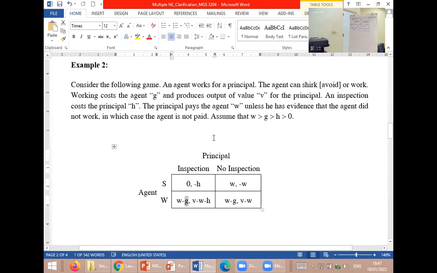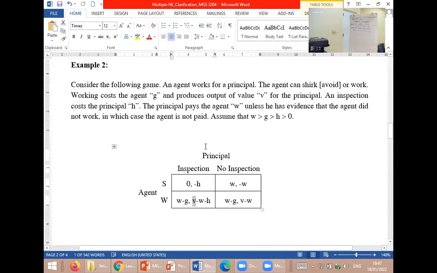Working costs the agent G and produces output of value B. So if you work there, you produce output of value B. This is given here. Right? So value will be created for the principal, because they will finally end up with the outcome. And inspection costs the principal H.